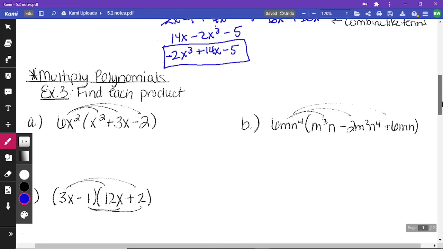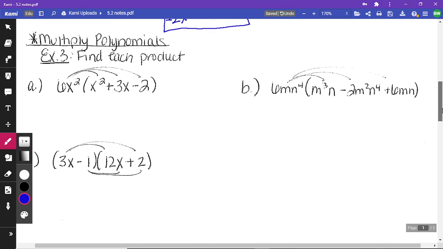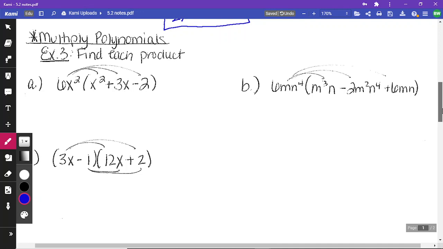Okay, so now multiplying polynomials. Well, you just use the distributive property. So find each product. Okay, let's do the first one. It's going to be 6x squared times x squared. Okay, that's 6x to the fourth, right? Add exponents. Okay, 6x squared times 3x.